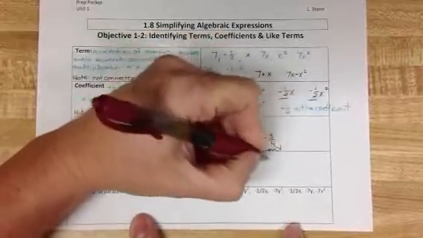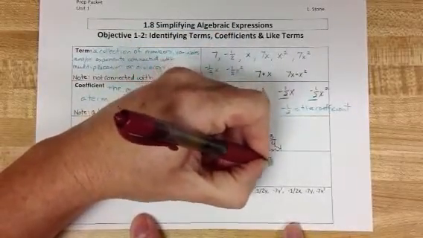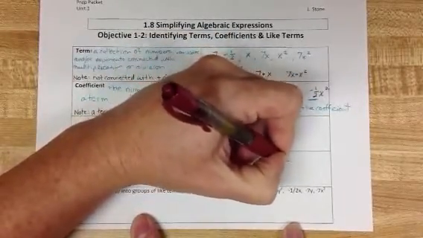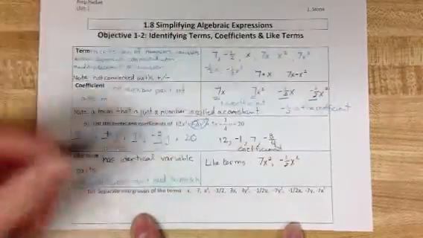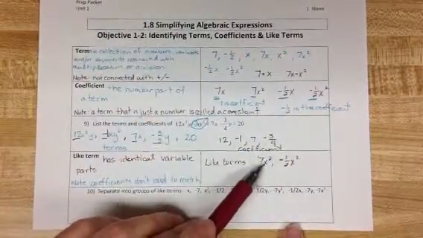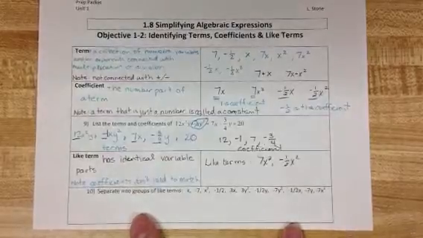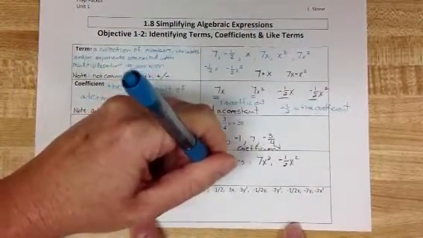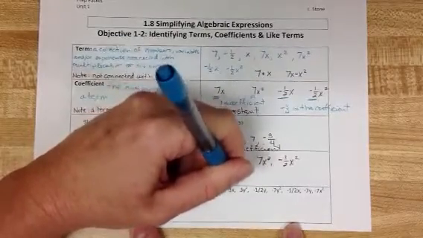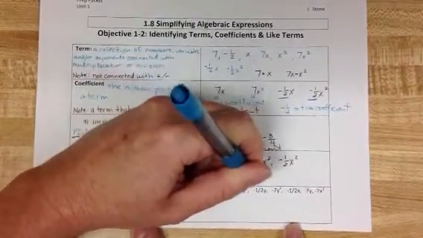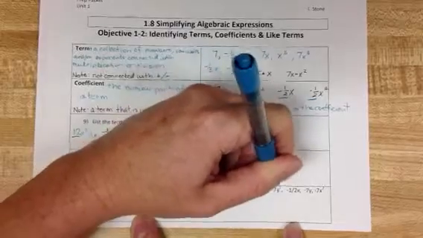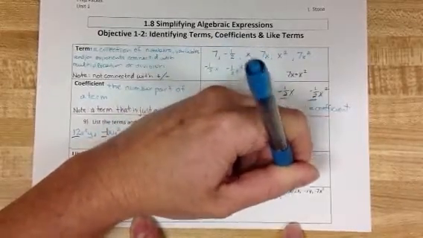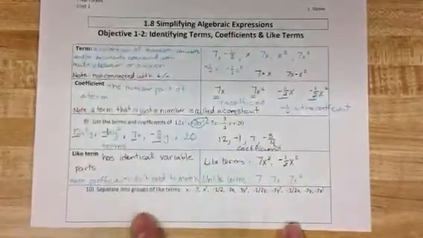Okay. So the term 7x squared and the term negative 1/2 x squared are like terms because they both have an x squared as their variable parts. Unlike terms would be something like 7, 7x, and 7x squared.